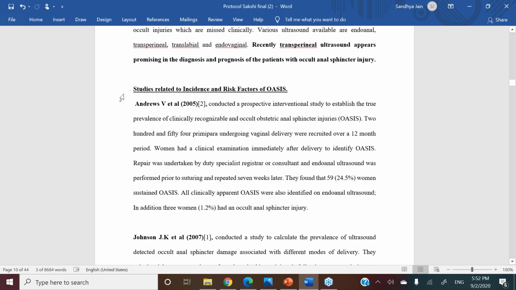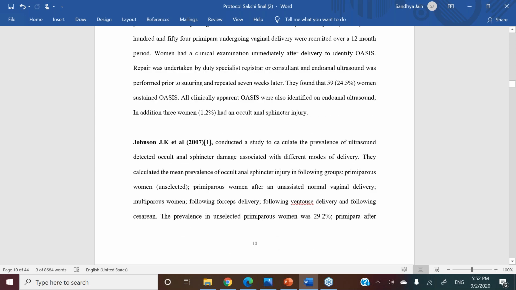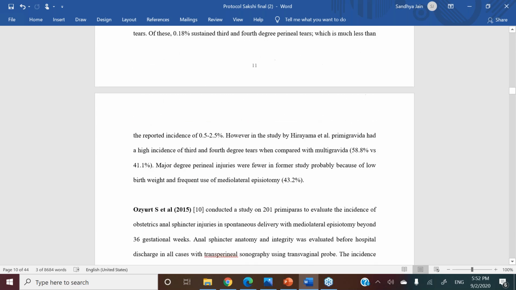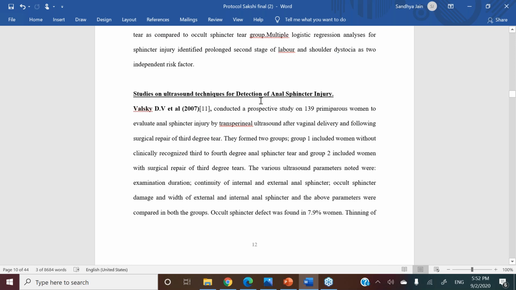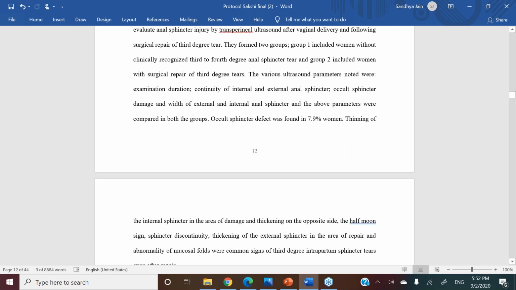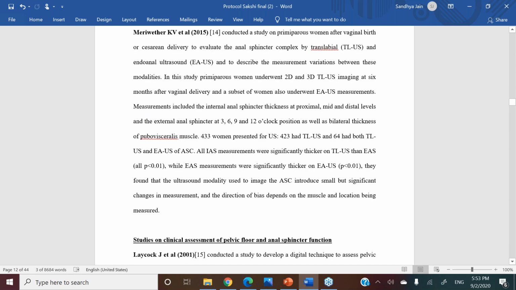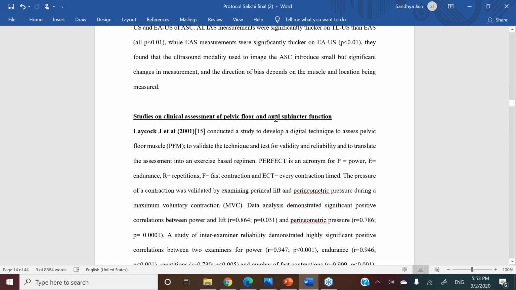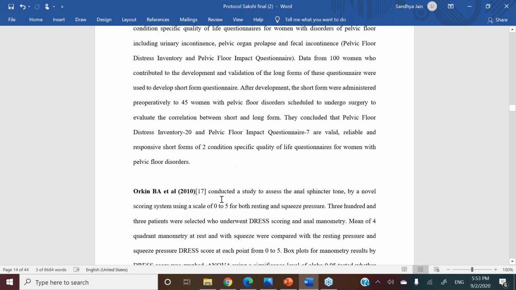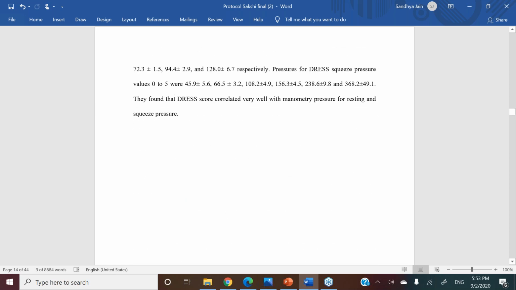And then I've divided the topic thematically into studies relating to the incidence and risk factors of OASIS, which I've given year-wise insight. Then my another subheading was studies on ultrasound techniques for detection of sphincter injury, and I've given subheadings chronologically. My third heading was studies on clinical assessment on pelvic floor and anal function, again with subheadings. And that's how I ended in 4 to 5 slides.